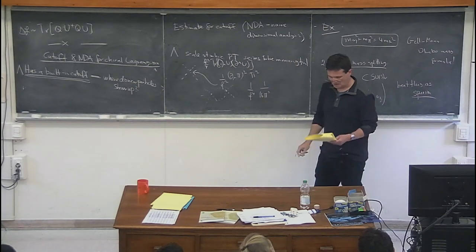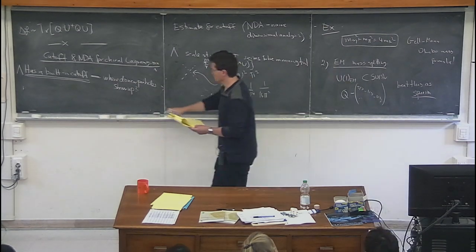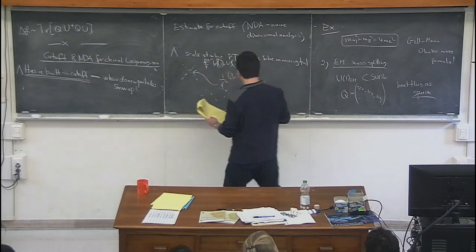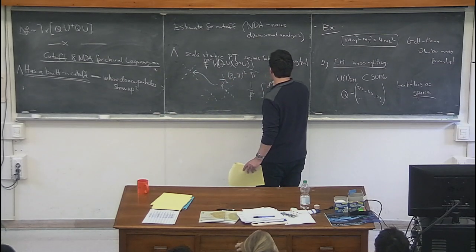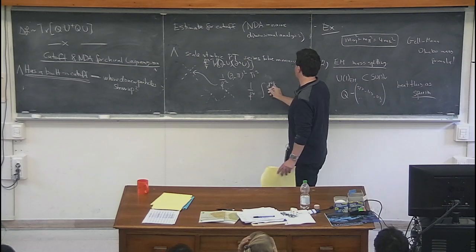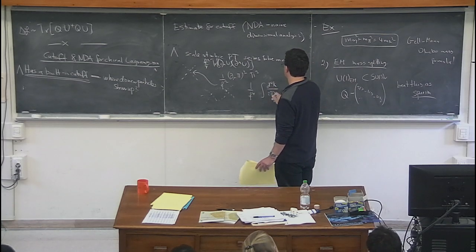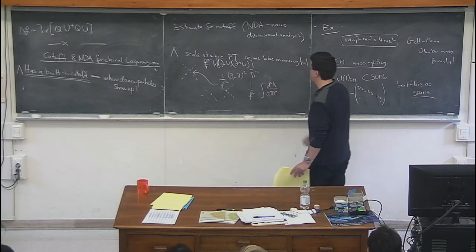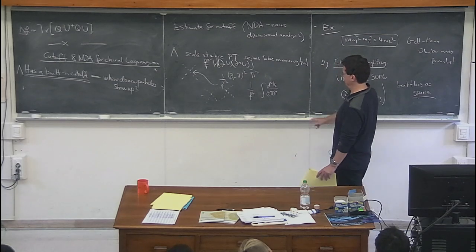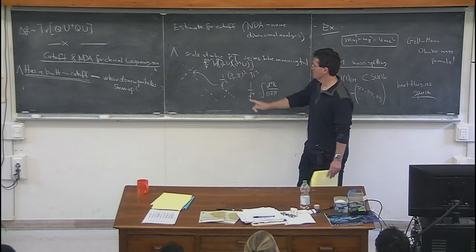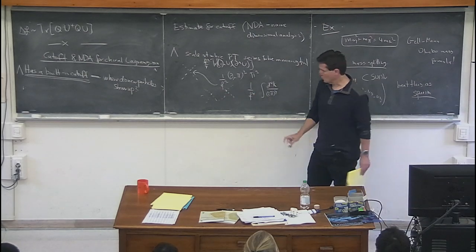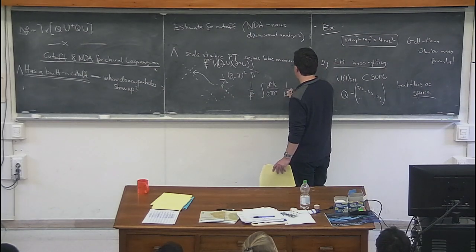Let me first write the loop and then estimate it. There's an integral d4k over 2 pi to the 4. How many propagators will I get here? There are 2 pions running in the loop, so there's a 1 over k squared.